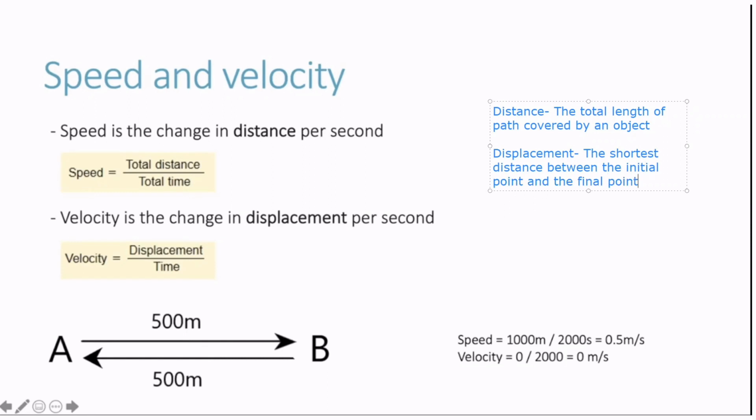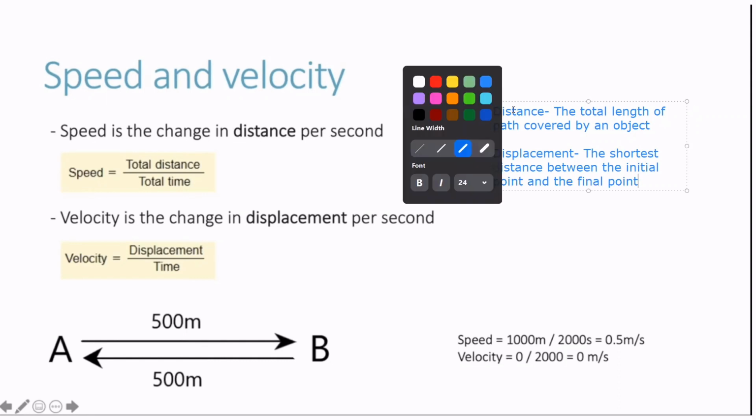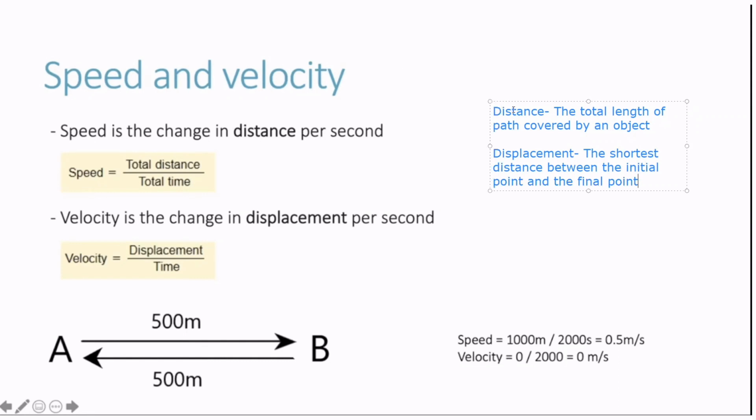So friends, this is the basic difference between distance and displacement. Always remember, just a quick tip for you guys, that displacement is always the straight line path from the initial point to the final point, as it is the shortest distance between them.